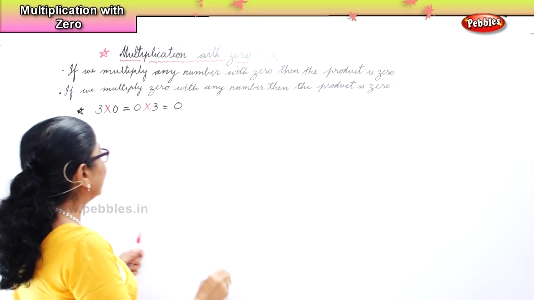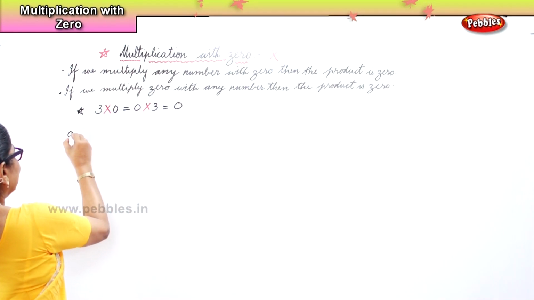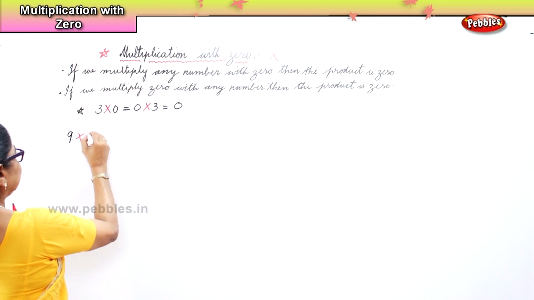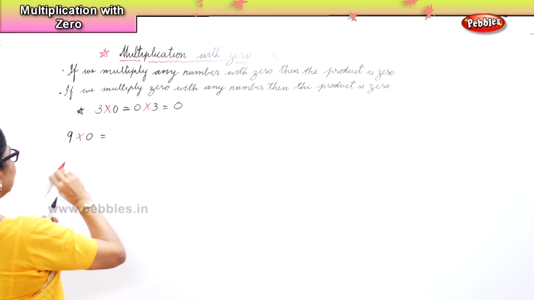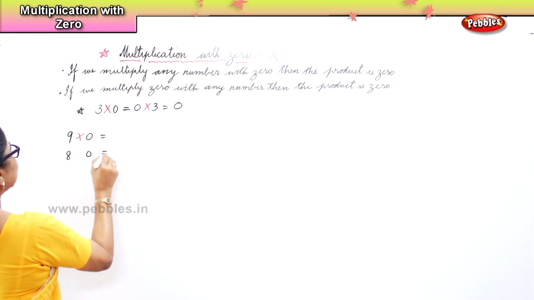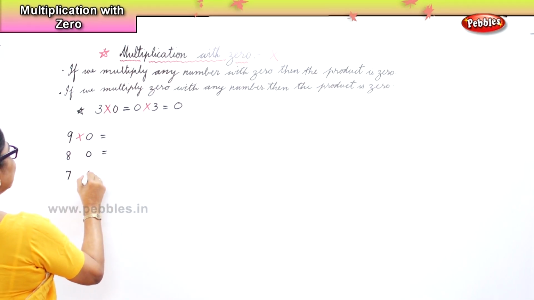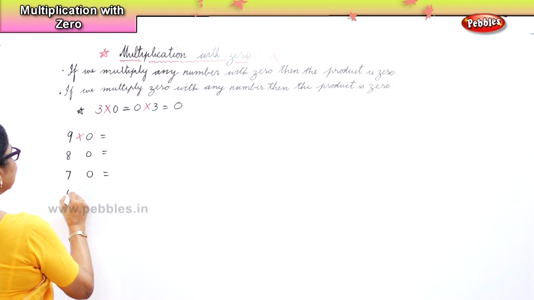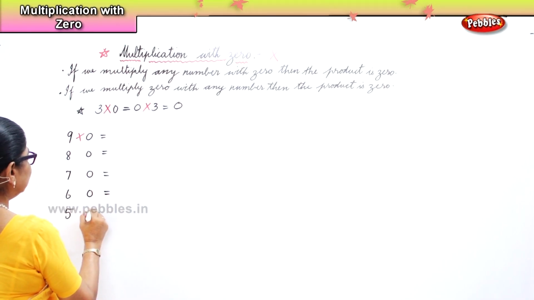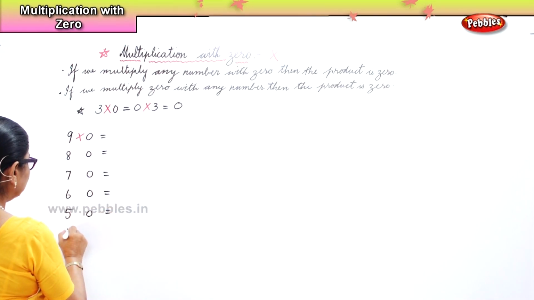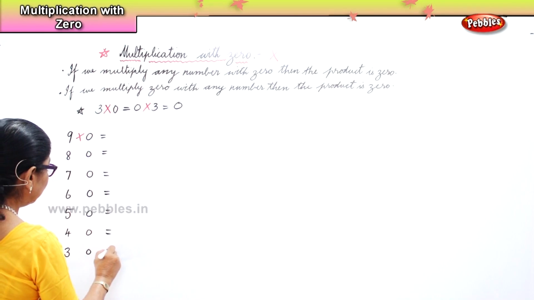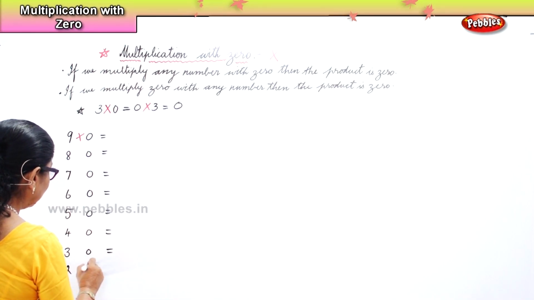Alright? Now, supposing I say 9 into 0, 8 into 0, 7 into 0, 6 into 0, 5 into 0, 4 into 0, 3 into 0, and 2 into 0.